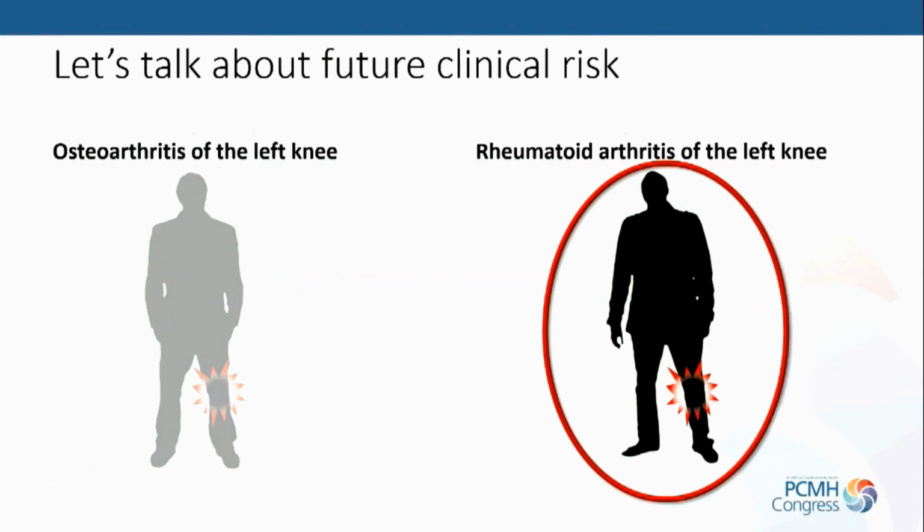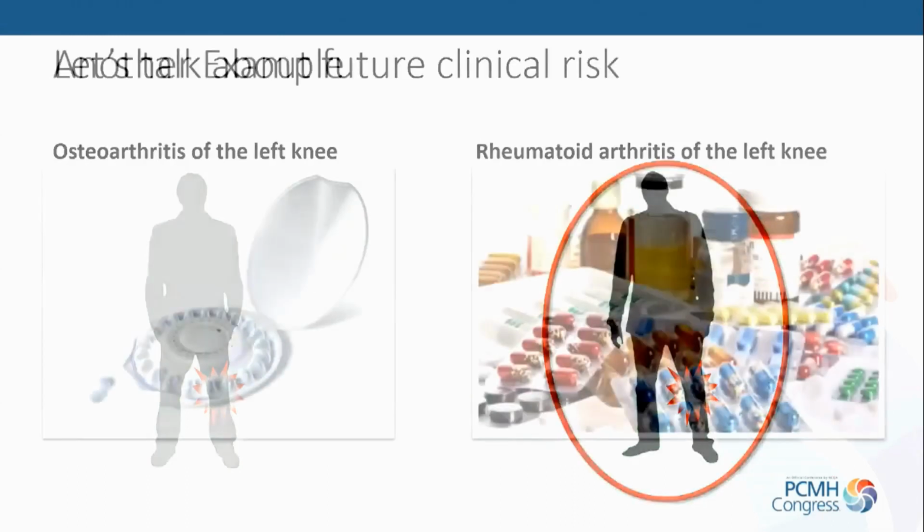All right, the rheumatoid arthritis patient. So rheumatoid arthritis not only destroys the joints, it has effects on the body outside of the joints. The treatments for rheumatoid arthritis, the DMARD therapies, are expensive, have a lot of side effects. So knowing nothing else about your patient other than rheumatoid versus osteoarthritis, you'd say probably that rheumatoid arthritis patient has a higher risk for complications in the future.